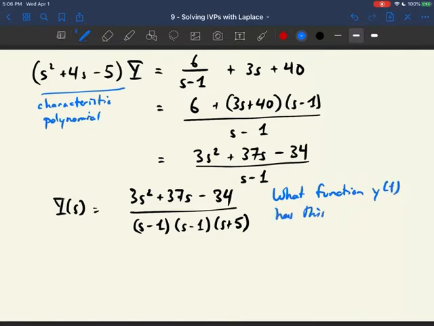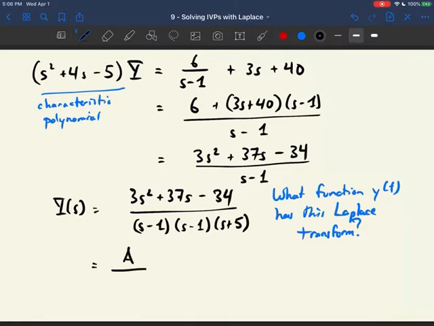What function y of t has this Laplace transform? It's the inverse Laplace transform question. To do that, we need to appeal to some techniques. So this denominator here is s minus 1 squared times s plus 5.